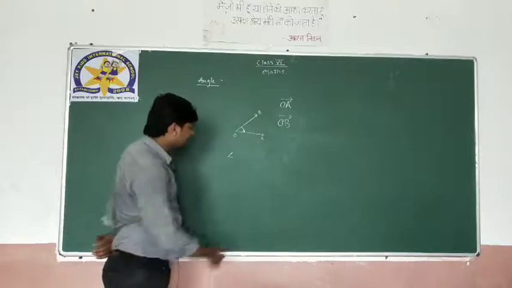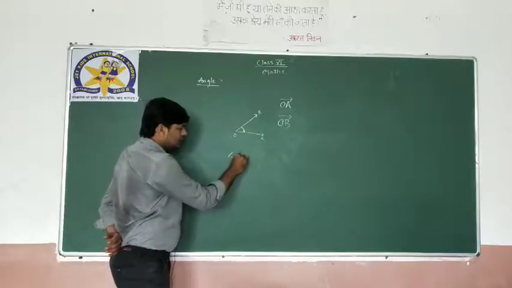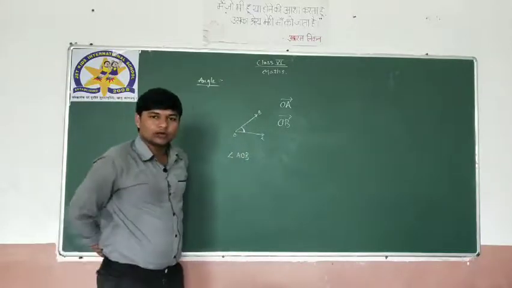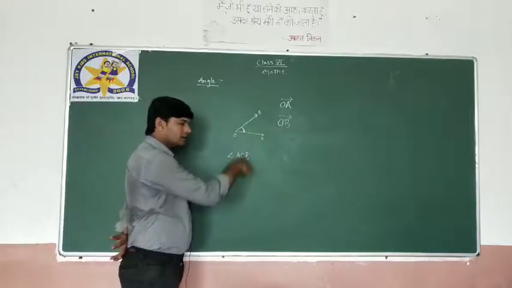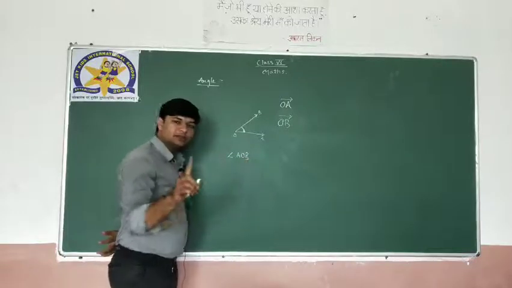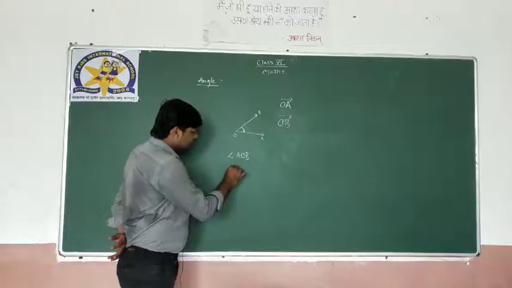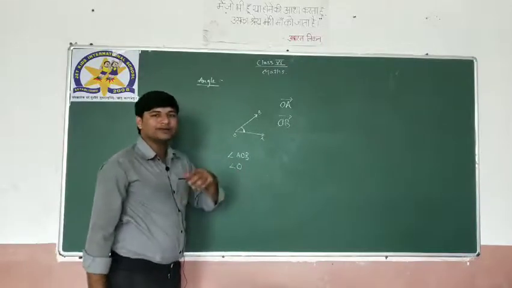First you will make the sign of this angle like this, and you will write AOB. And this corner is known as the vertex of this angle. So the vertex, that means the common point, will always be in the middle while writing the angle. So we can write angle O only. Why? Because O is the common point and O is the vertex.